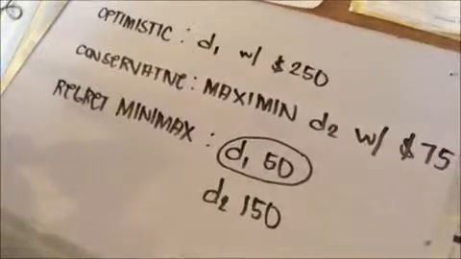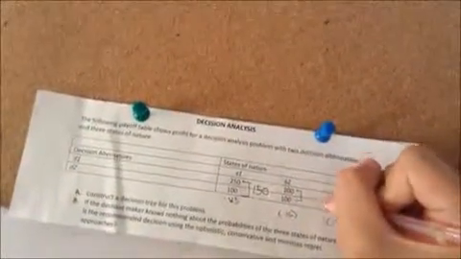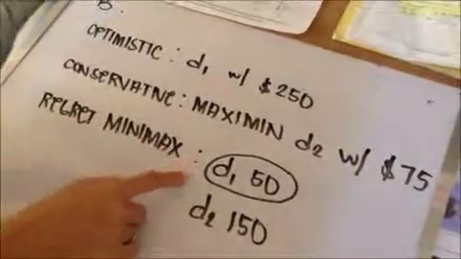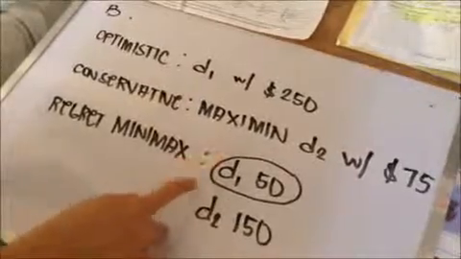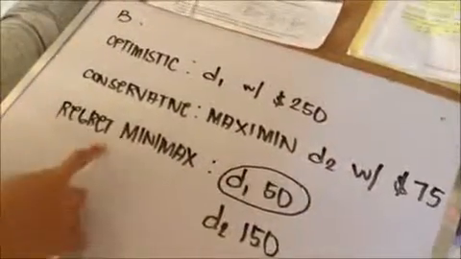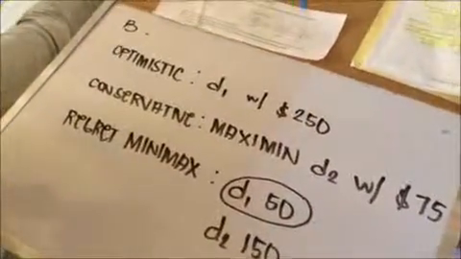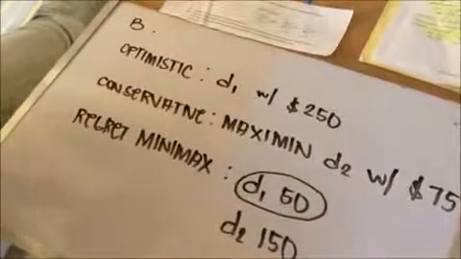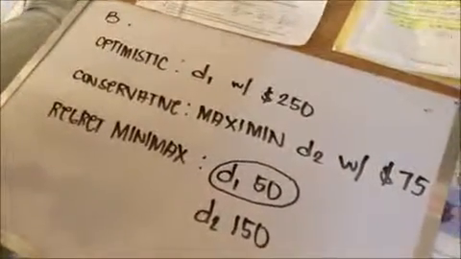For S2, 100 minus 100 is equal to 0. For S3, 75 minus 25 is equal to 50. You should write the value for D1 and D2 and choose the lowest among the two, which is the minimax regret. Be careful that you should subtract vertically, not horizontally.